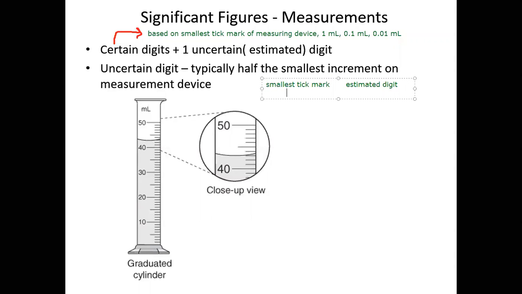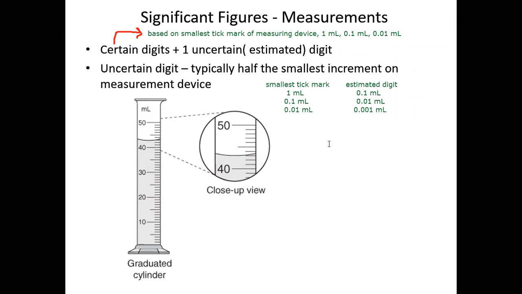So if the smallest tick mark is 1 milliliter, your estimated digit would be in the tenths place. It's always to the right of the last certain digit. If it was 0.1 milliliters, then your estimated digit would be to the hundredths place. And then if you knew accurate down to the hundredth milliliter, then it would be to the thousandths. So this can give you an idea of the estimated digit based on the smallest tick mark.